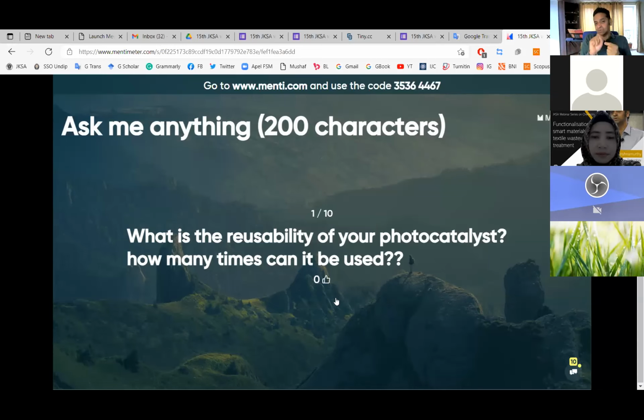But the catalyst should not leach out of the surfaces, because if it starts leaching out, it changes its properties. So we are currently working on the stability and reusability of the catalyst. Currently, I can confidently say the coating lasts up to 6 months, but we are still studying it.